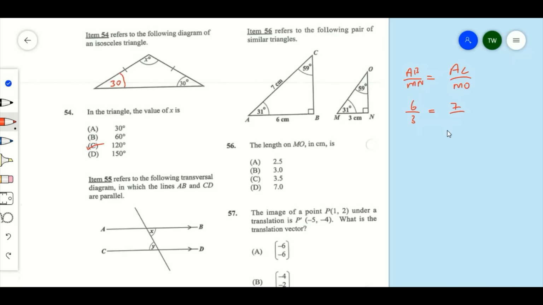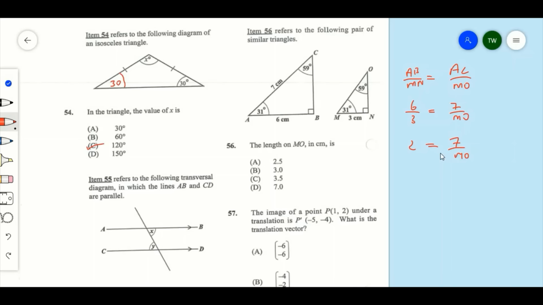That's what we want to find. Now 6 divided by 3 gives us 2, which is equal to 7 over MO.